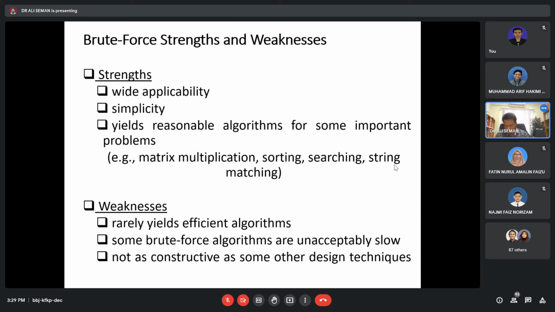See you tomorrow for the lab session, for my group and also for the other group with Cik Azizian. Maybe in the lab session we may discuss the solutions for the exercise, assignment 1 and 2, the analysis for recursive and non-recursive algorithms.